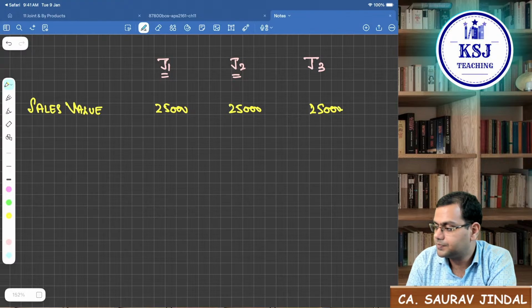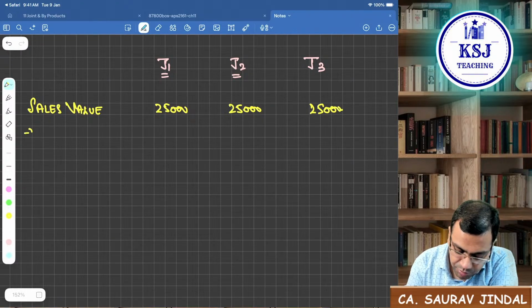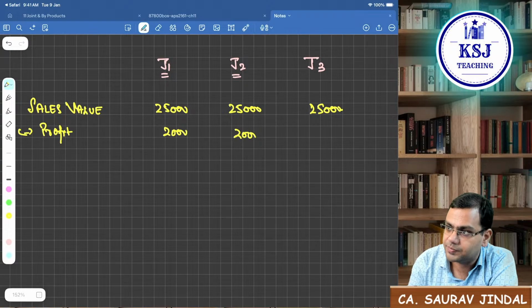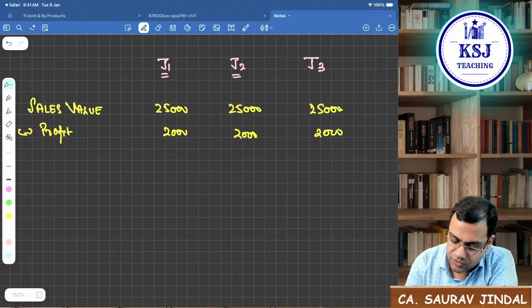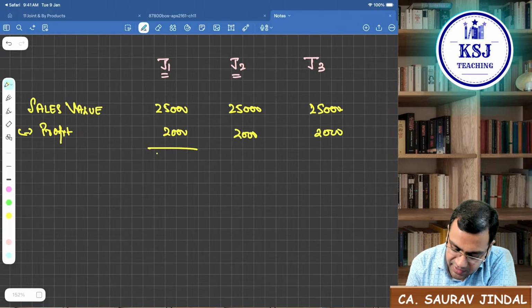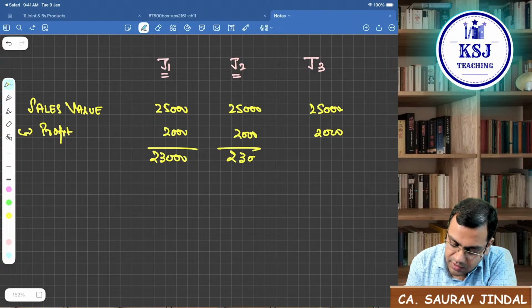Then the profit will be given to you. Minus profit, let's say 2,000 profit for each. So what we are getting here is 23,000, 23,000 and 23,000.